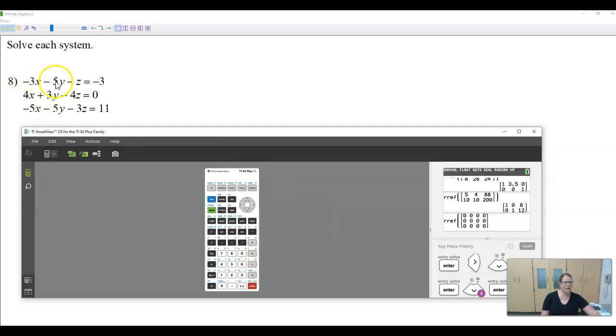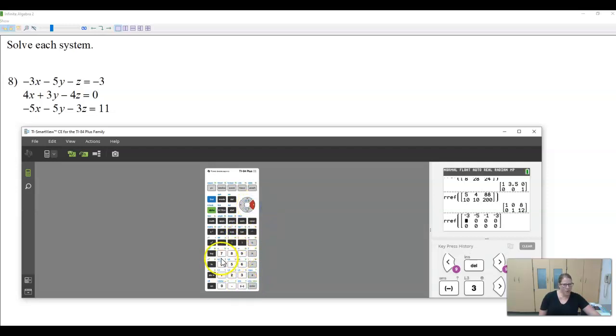So the first row would be -3, -5, -1, and then -3. Oops, I got 2 negatives there somehow. So -3, -5, -1, and then -3.